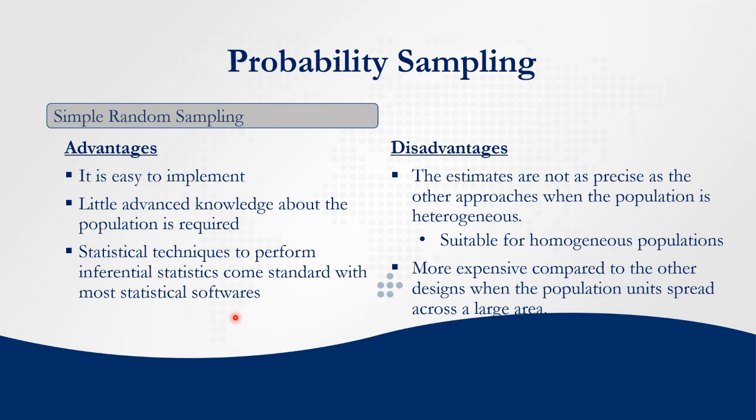Whereas as you start to use more advanced techniques, some of the procedures might not come standard. It is suitable, obviously, for homogeneous populations. If your population is not homogeneous, then there might be bias.